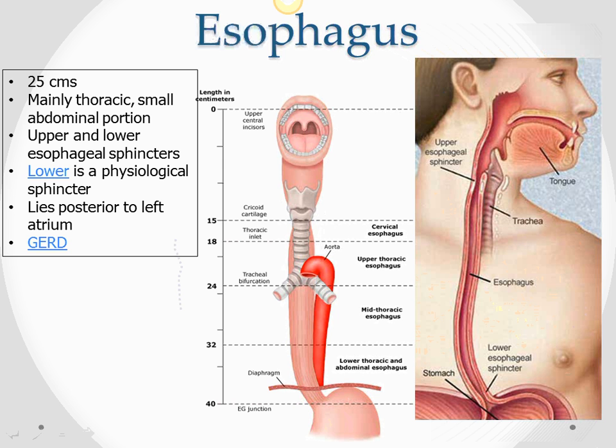So sometimes people may have a lower esophageal sphincter which is not working properly and doesn't close properly, which results in acid going back. That's known as gastroesophageal reflux disease, or GERD. Or sometimes that hiatus may be too large, so that not only the esophagus but a part of the stomach goes through that opening, and that is known as hiatus hernia.